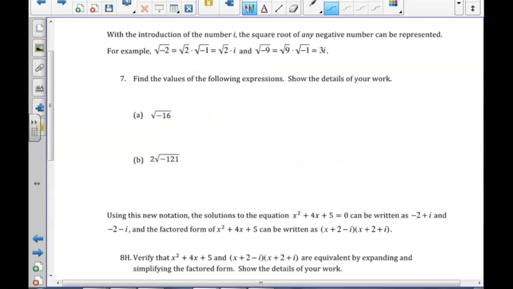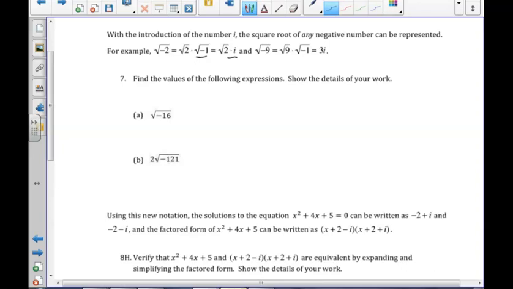We are then told that the square root of -2 we can rewrite as the square root of 2 times the square root of -1. So we can rewrite that as the square root of 2 times i, since i is equivalent to the square root of -1. And we are asked to simplify some other examples in number 7.